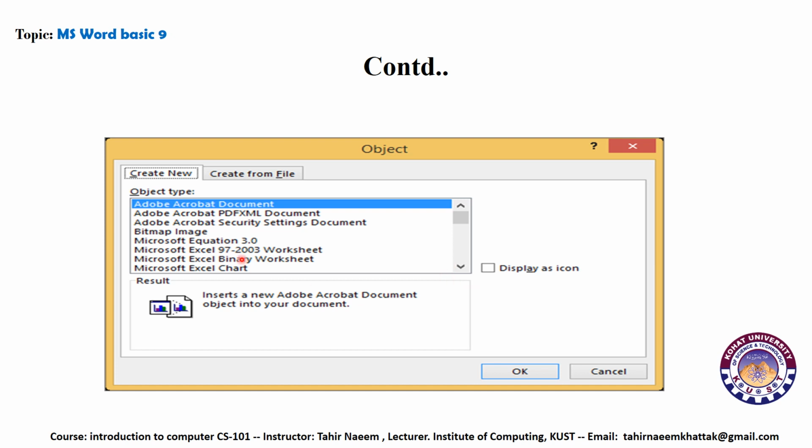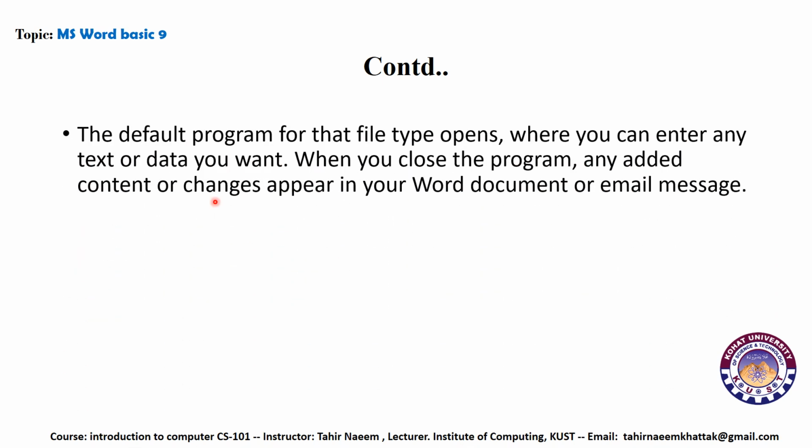We can click on any of them to insert a new Adobe Acrobat object into the document, and it can also be displayed as an icon, and we will click on OK. The default program for that file type opens up, where we can enter data or text. When we close the program, the edited content or changes appear in our document or email message.